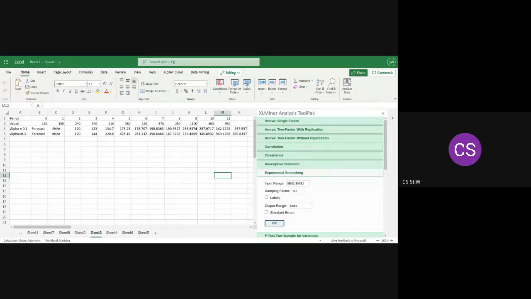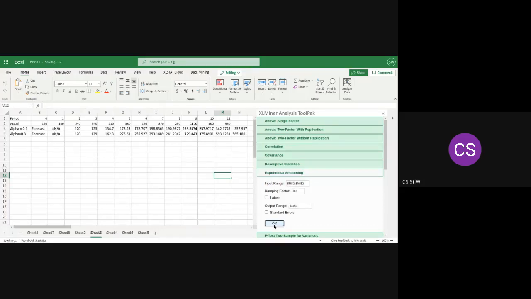I have added on the same data set. Okay, let me just first change that. 0.3 alpha, so this is 0.7. The next one is 0.8, so I want this to be 0.2 and this to be displayed at B5.